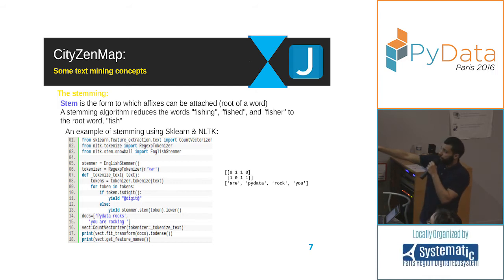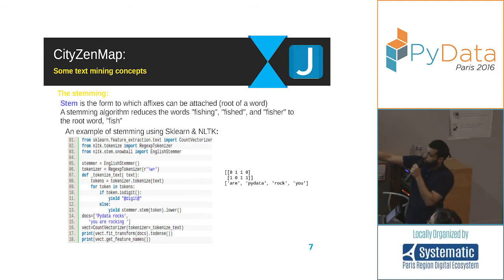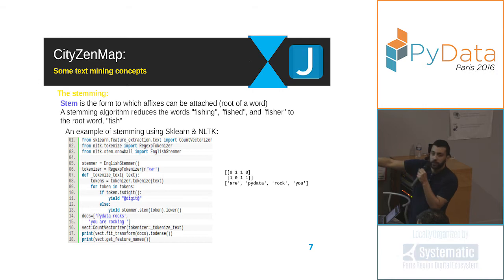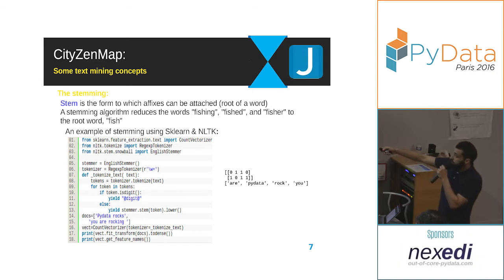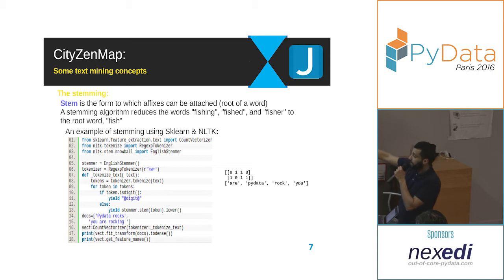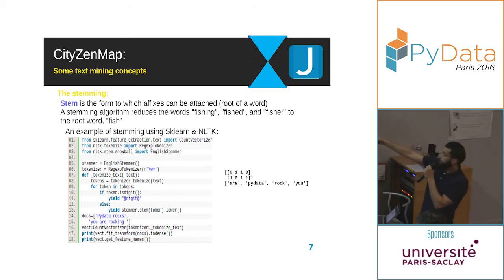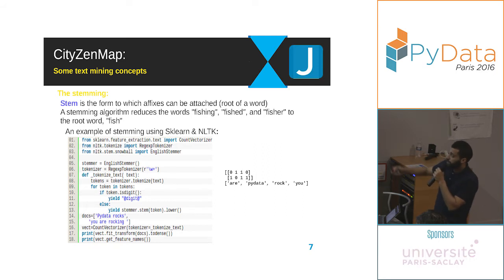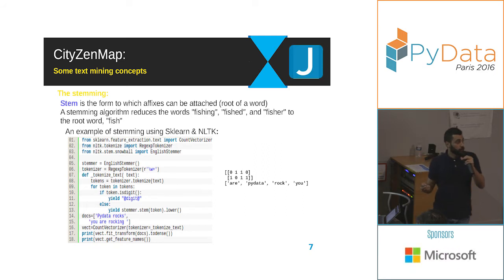Here the function takes each word after tokenizing the sentence and finds the stem of this word. And if the word is a digit, we just keep the digit. This is the result of applying this algorithm to the past example. We can see that "rocking" and "rocks" are considered the same feature. And by doing that, we also reduce the dimensionality of the problem.